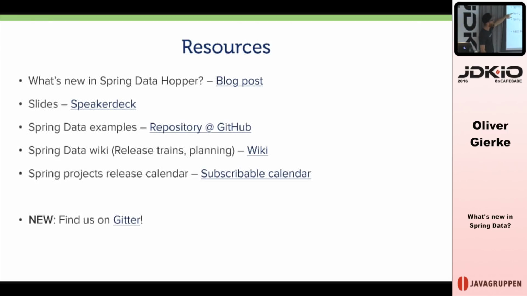The most important one is probably this one if you want to play with it. And we have a release train wiki where we document what will actually make it into certain releases. And if you want to fancy it, there's a calendar, because people usually just ask when are you going to release what, and there's an iCal calendar, right? The most important thing to have, the Spring release calendar in your iPhone.